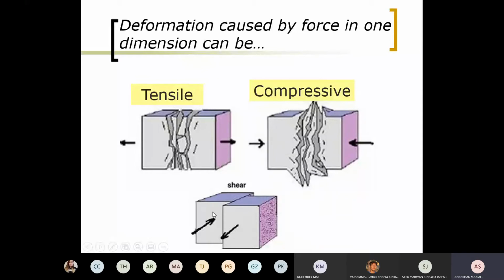Shear stress means sideways, so you're going to extend sideways. We are more focused on tensile stress in our discussion. So you can deform a material by applying stress, or in other words, applying force: tensile stress, compressive stress, shear stress.